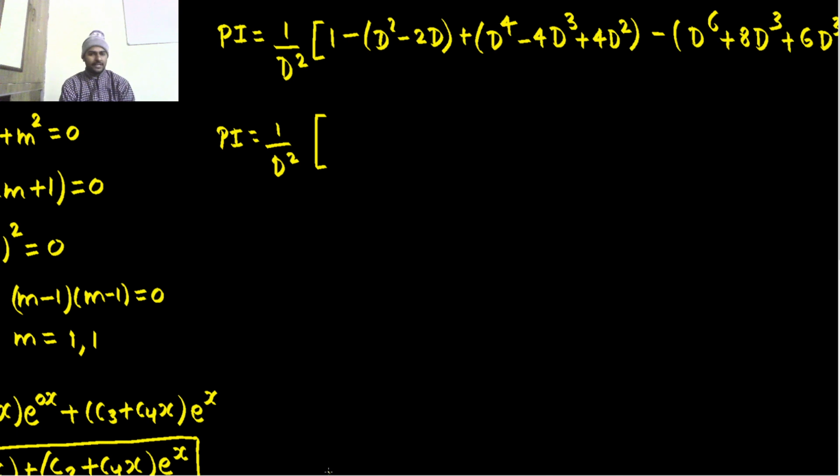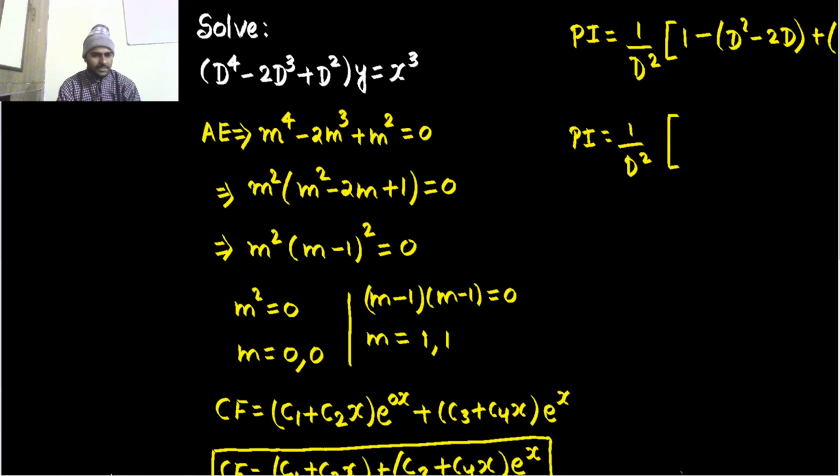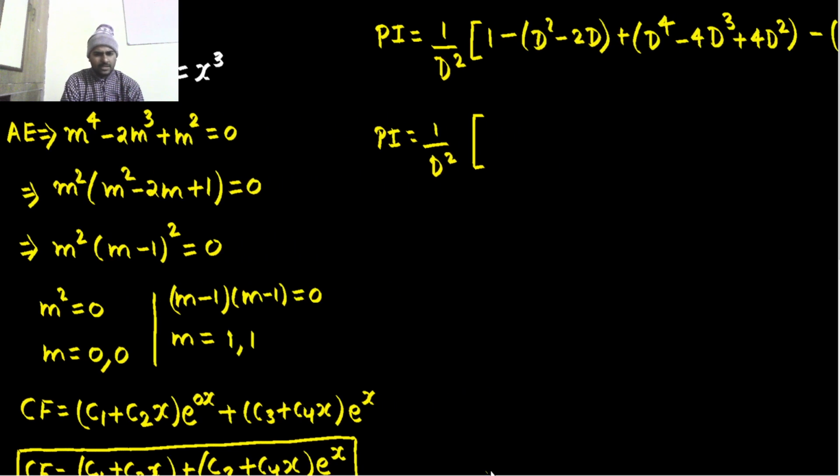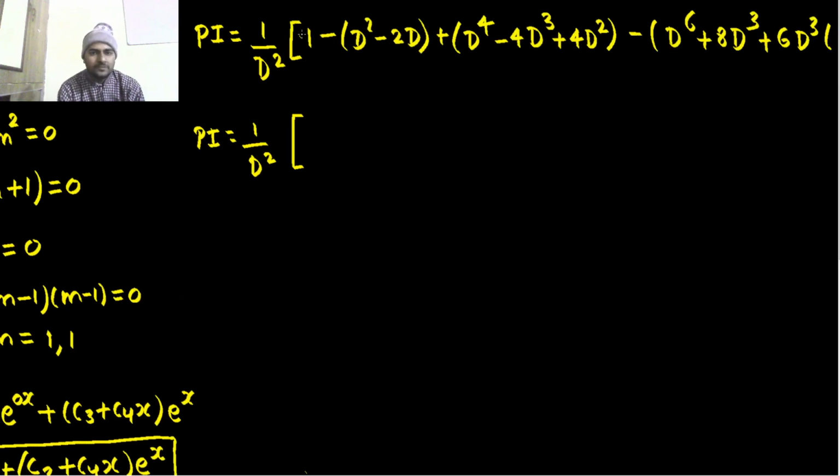I have already calculated the derivatives for the sake of simplicity, and you can do that anytime. So this 1 will be multiplied by x cube, that will give you x cube. D square means second derivative. First derivative of x cube is 3x square, second derivative is 6x.